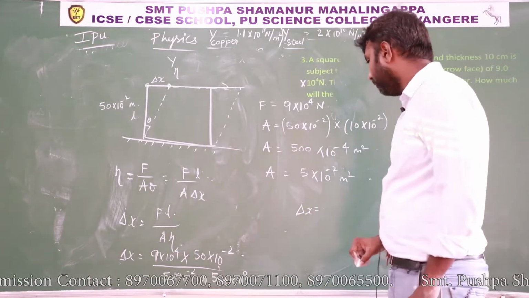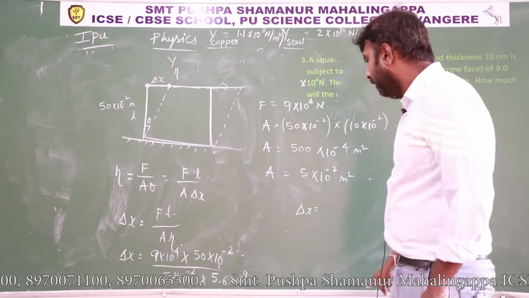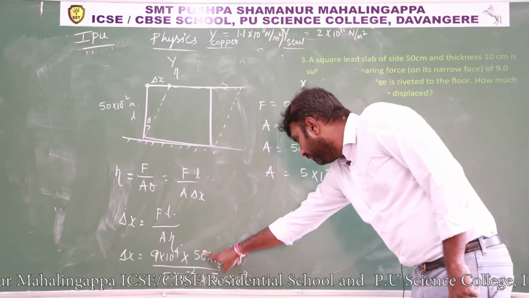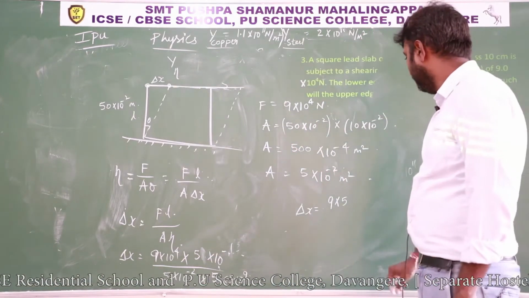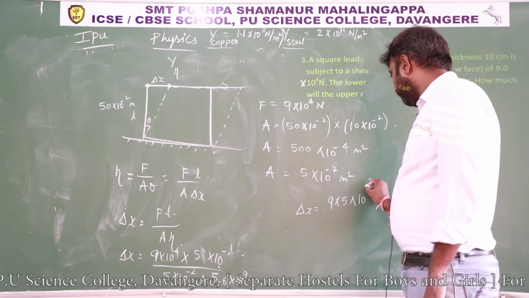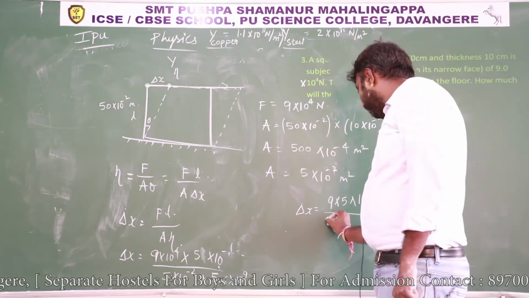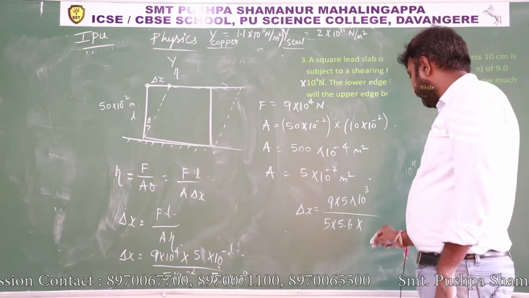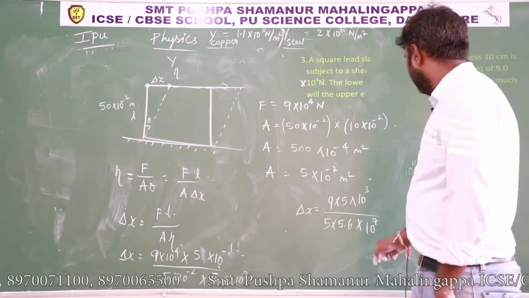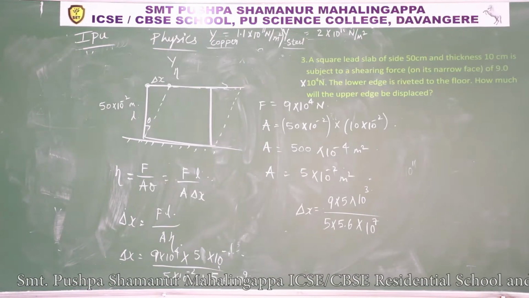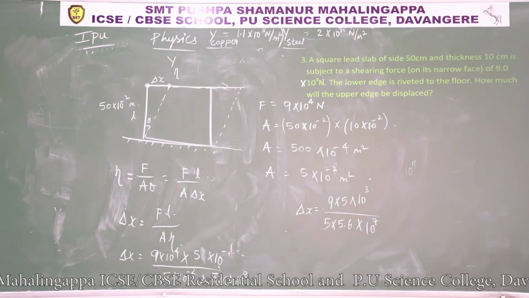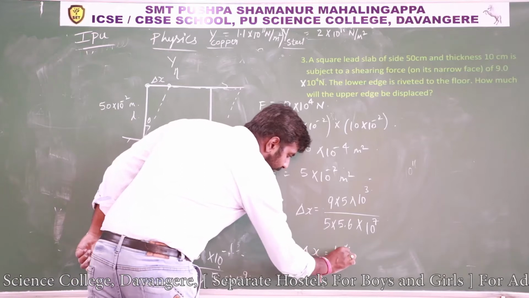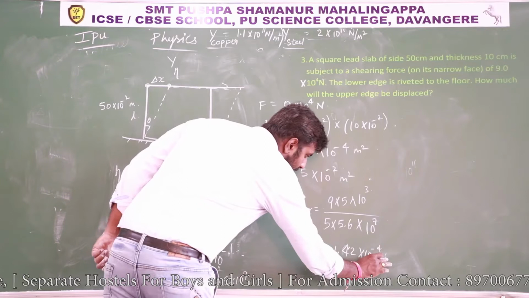Delta x equals, here 9 into 50 I will make as 9 into 5 into 10 to the power minus 1, with 10 to the power 4, that is 10 to the power 3, divided by 5.6 into 10 to the power minus 2, 10 to the power 9. So the value of delta x comes to nearly 1.42 into 10 to the power minus 4 meter.